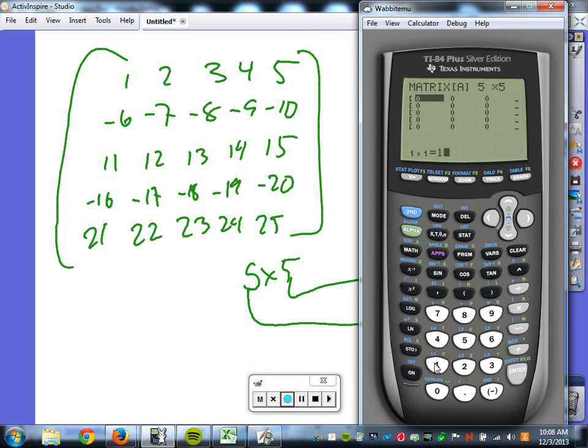So I go 1, enter, 2, enter, 3, enter, 4, enter, 5, enter. Now notice I'm on the second row. You see where I'm at? -6, -7, -8, -9. Notice I'm on the third row. I'm going to finish it out. You guys finish it out as well.